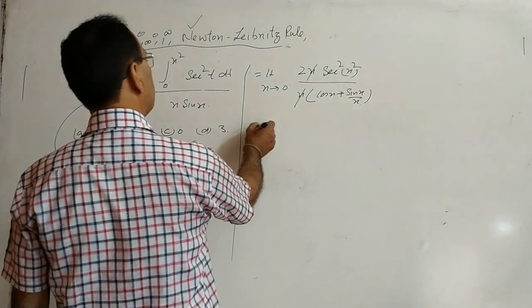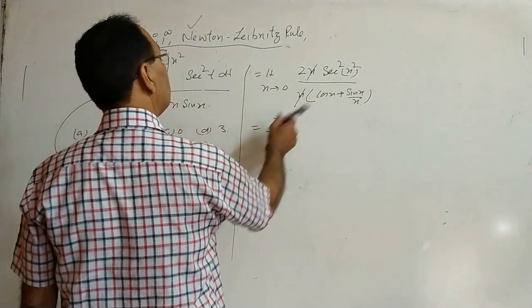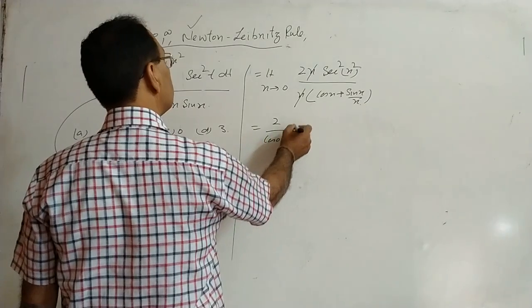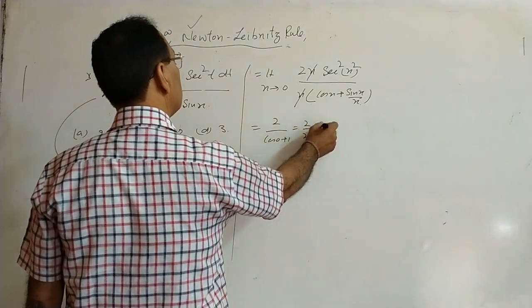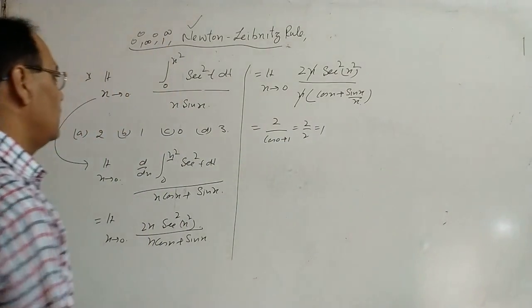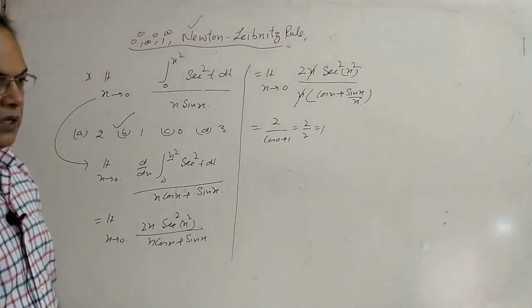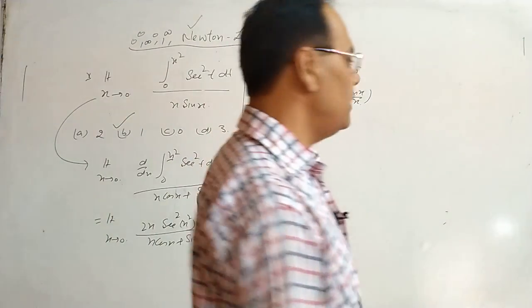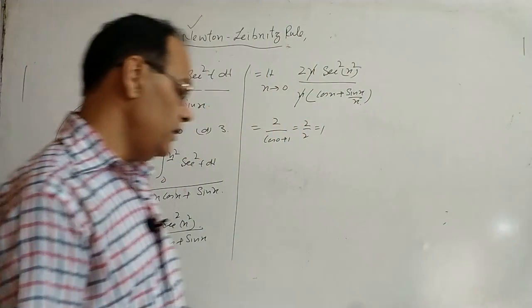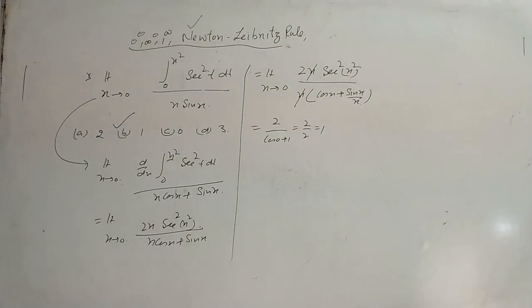So in the numerator you have 2, and in the denominator cos 0 becomes 1, so it is 2 by 2, which becomes 1. So what is the limit? 1. What should be the option? It should be B. Okay beta, is it clear?